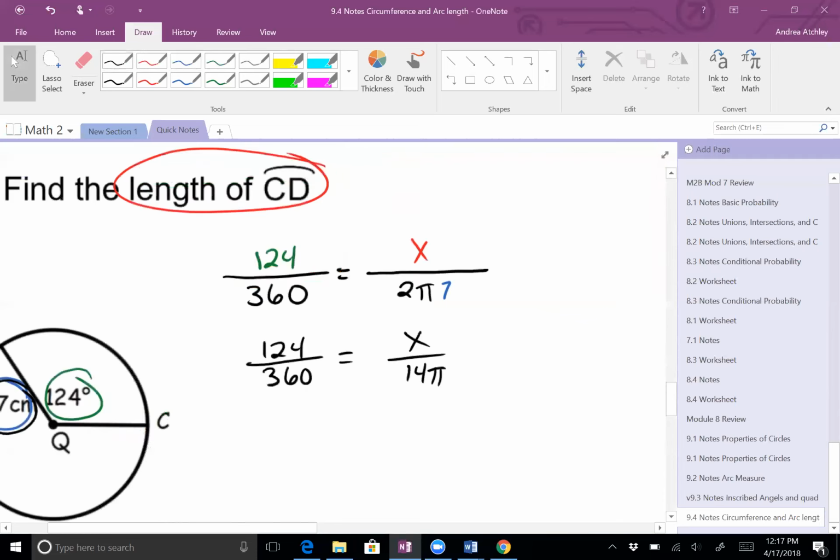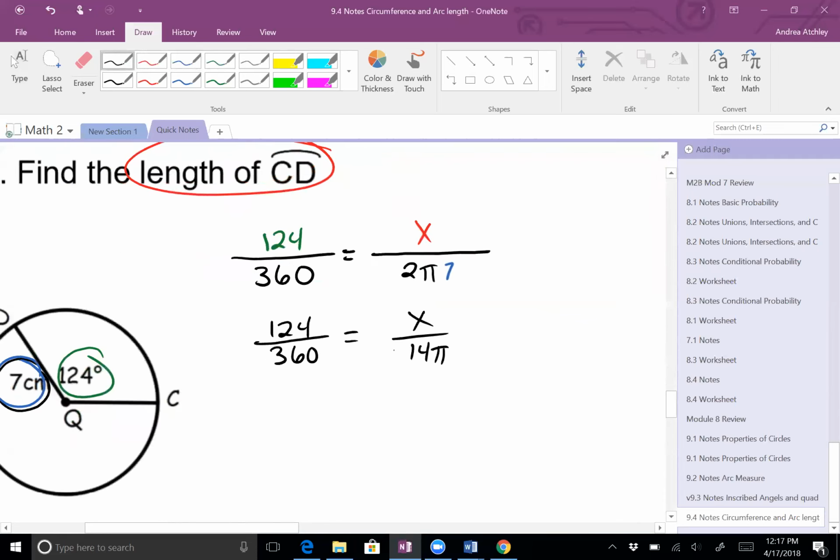And then I'm just going to solve. So 14 pi times 124. I'm going to leave the pi right now and multiply it through at the end, so I don't have to write a bunch of decimals.